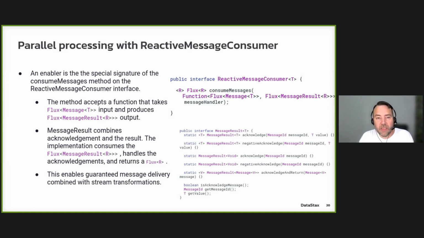The enabler here is this special signature, and this method accepts a function that takes a Flux of messages as input. So it's a stream of messages coming in, and the function that you're providing to this method should be producing a stream of message results as output.